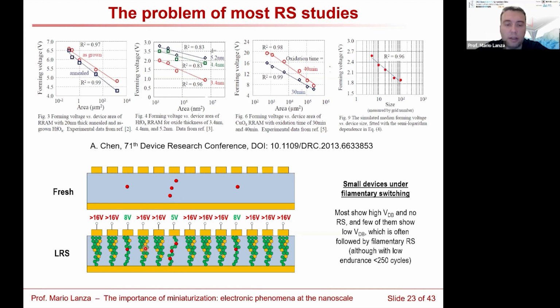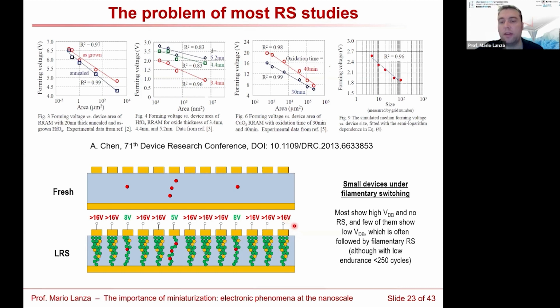But in this one, which is much wider, or in this one, we also have metallic atoms from the electrodes. So basically, maybe this one switches a lot of times, but most of the others will not switch or will switch few times because such a wide filament produced at high voltage will not switch so well.